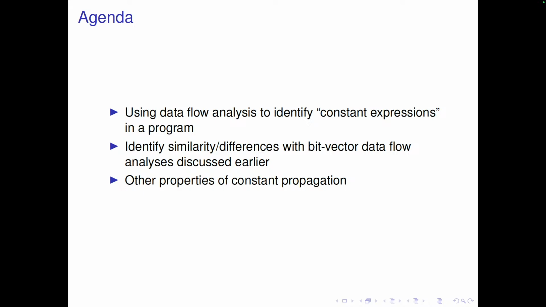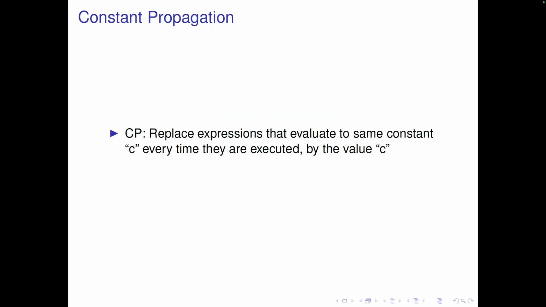Then we will identify some similarities and some differences with the bit vector data flow. Ideally we do all four, but since you have done two of them already, we'll try to identify those, and we'll look at some other properties of constant propagation. So let's call it CP.